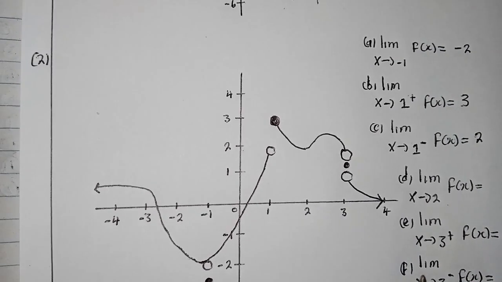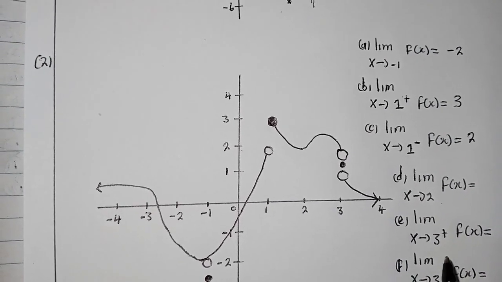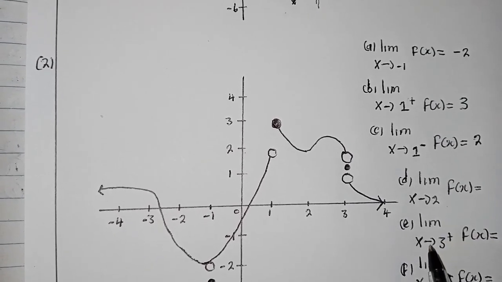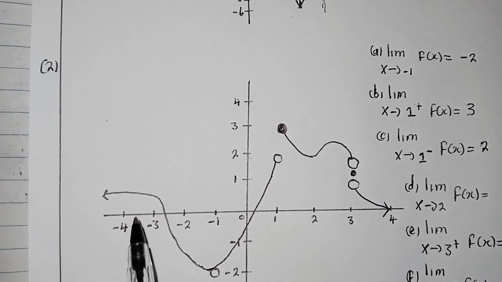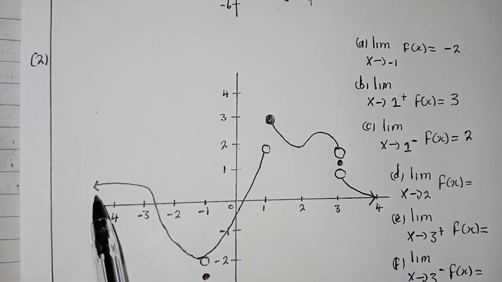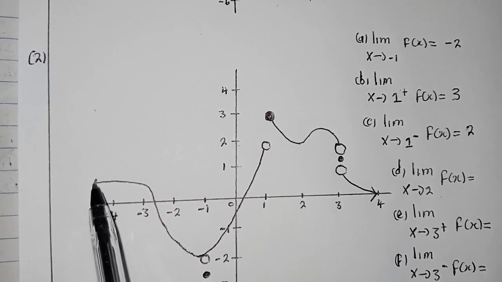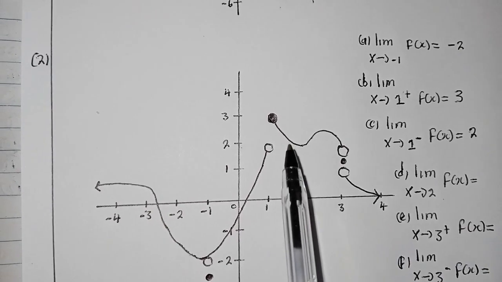We go to D, limit as x approaching 2. Since we have not been directed from whence we are coming, let's try to approach it from different sides. In this case, we'll start from the negative side. You approach it from both sides if you have not been directed. So starting from here, we go like this till we reach 2.